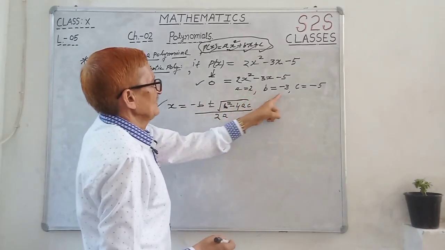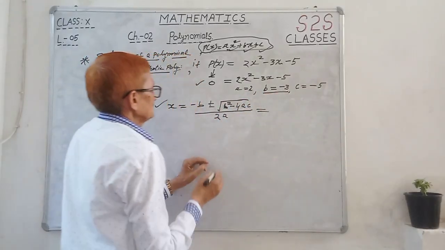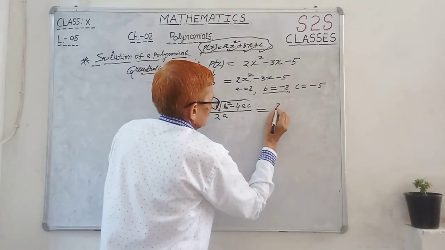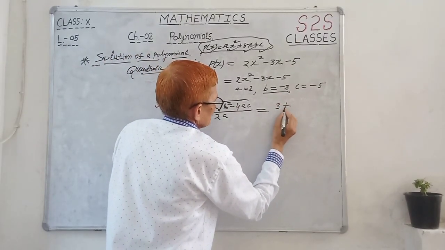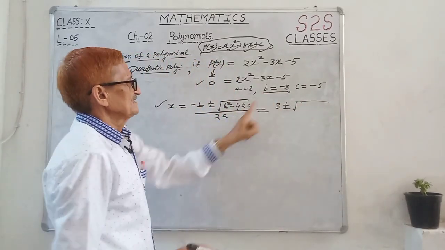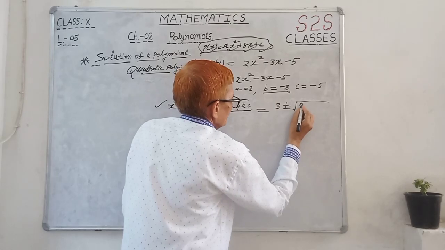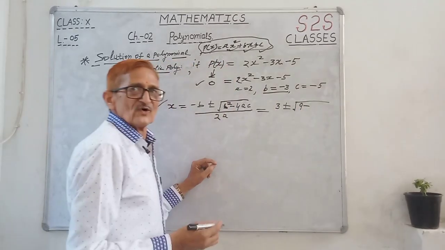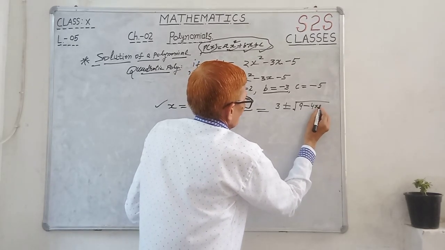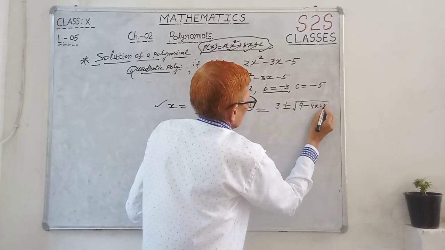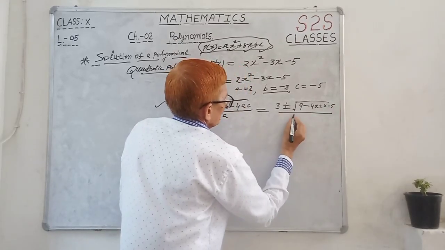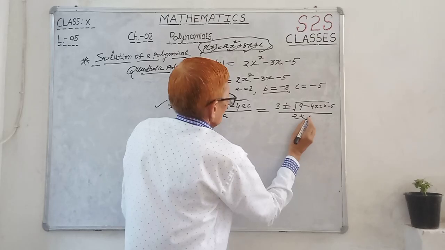Okay, now put the values directly. Minus b, what is the b value? b is minus 3, so minus b, minus into minus, is plus 3, plus minus square root of b square, minus 3 whole square, 9, minus 4 into a is 2, into c is minus 5, whole divided by 2 into a is 2.